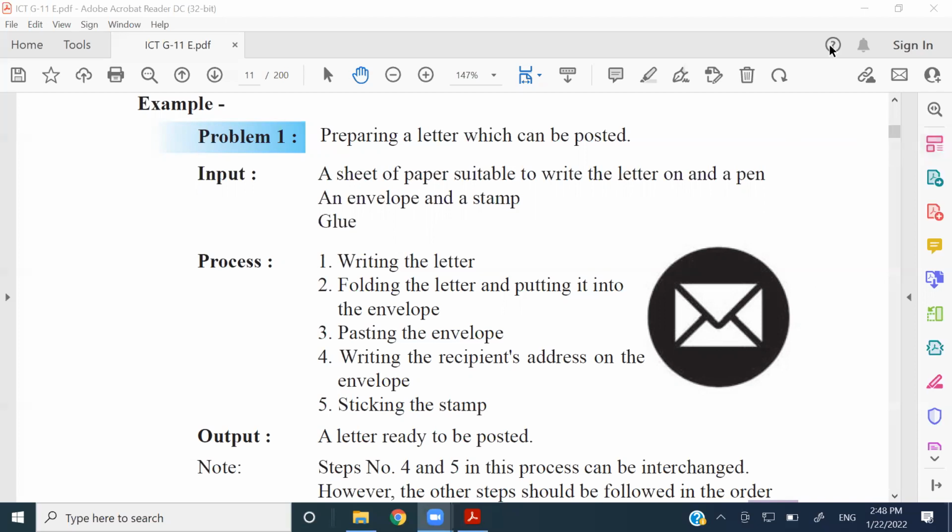It is simple as that. So our problem was creating a letter. Our solution, or process, is the things to be done to create that letter. Since they have given steps to be done as the process, can we do the second step without performing the first step? Can we do that, people?